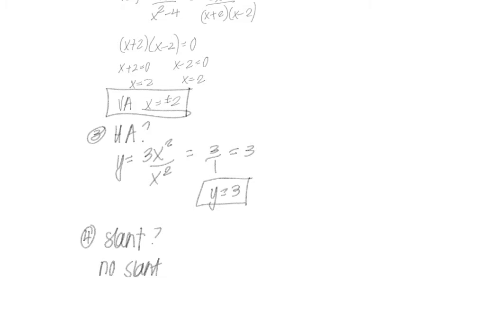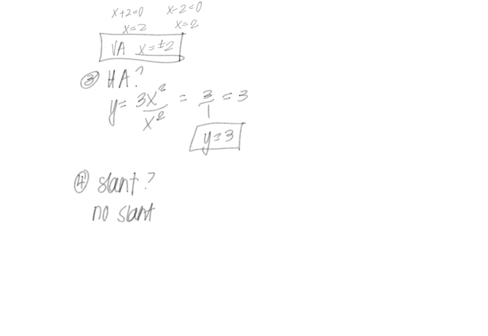Well, that would mean the top is heavy. The top power would be greater than the bottom power. And that wasn't the case. We had a horizontal asymptote. And if you're top heavy, you won't have a horizontal asymptote. Anyway, hopefully I didn't confuse you there.